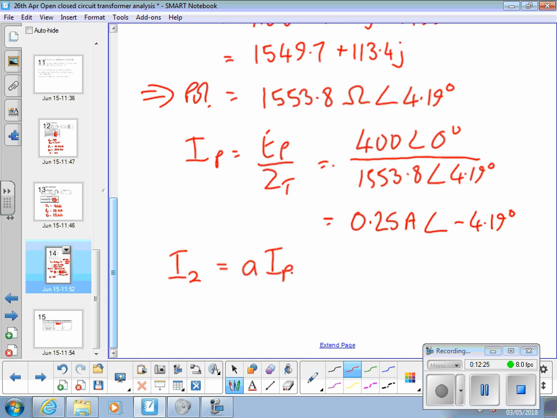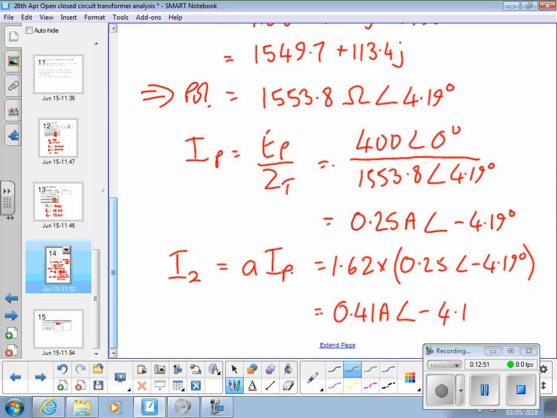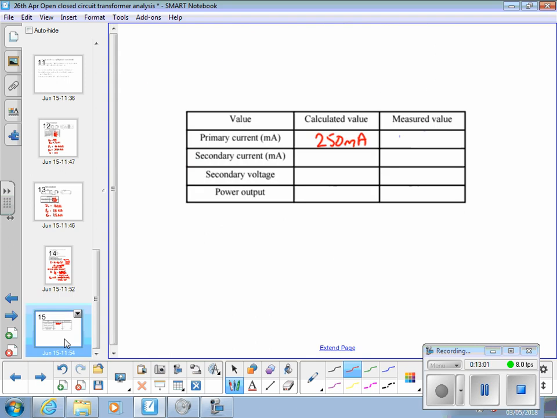So that's 1.62 times 0.25 angle minus 4.19 for completeness equals 0.41 amps, angle the same, 4.19 degrees. So there's a second thing we can put in our table for comparison: 410 milliamps secondary current as predicted.